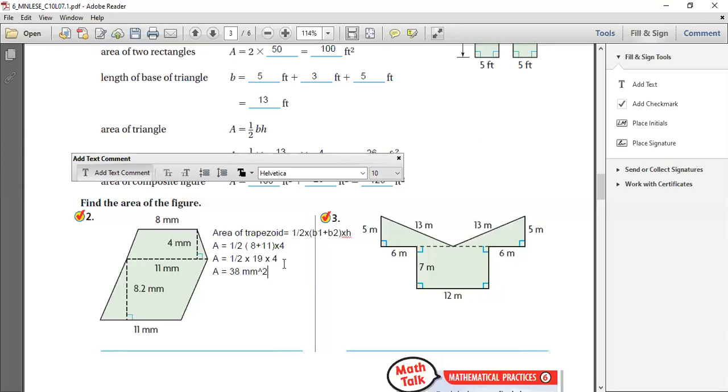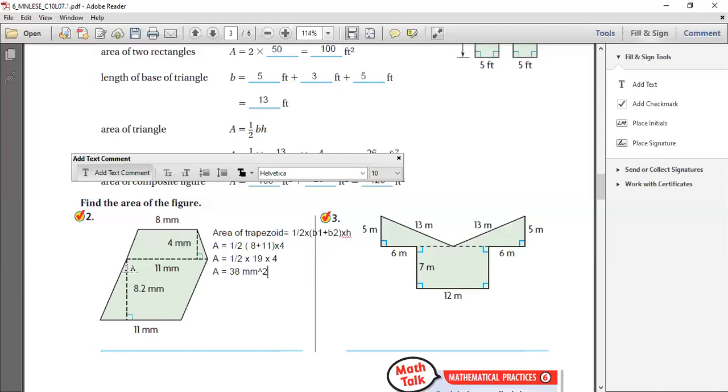One minute only. Okay, done. Fine. So let's move on to the next trapezoid.